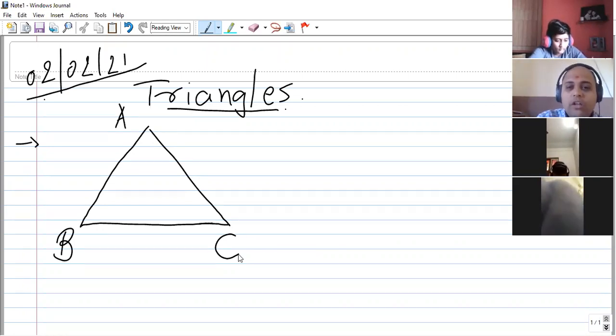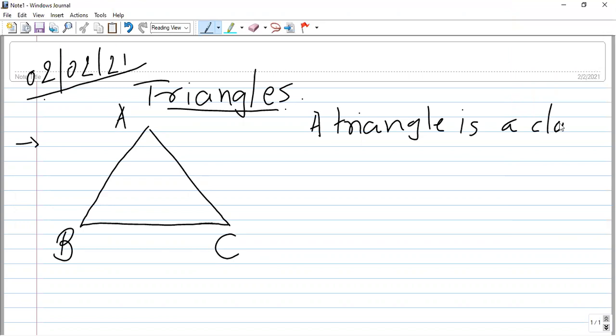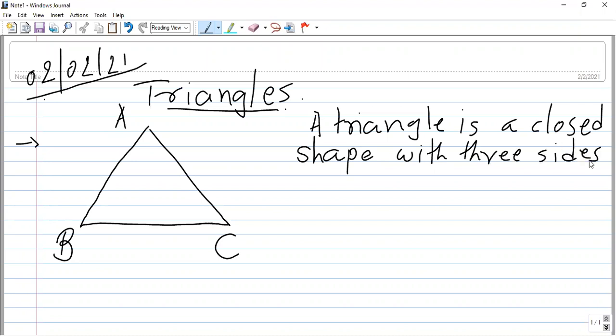So a triangle is a closed shape with three sides and three angles.